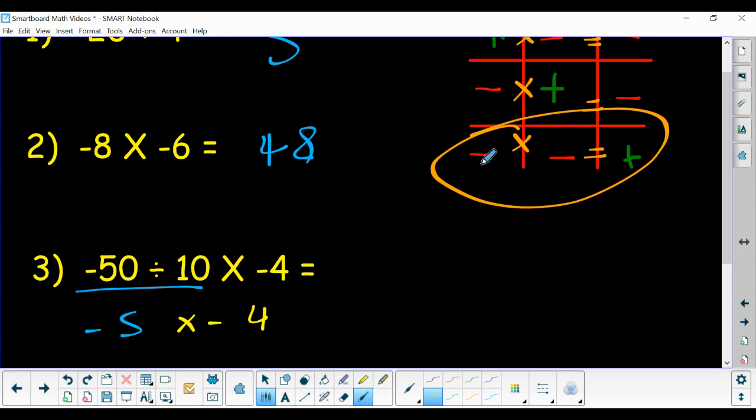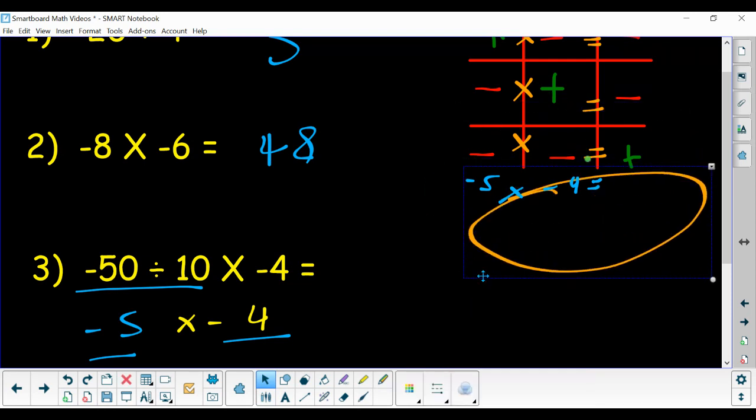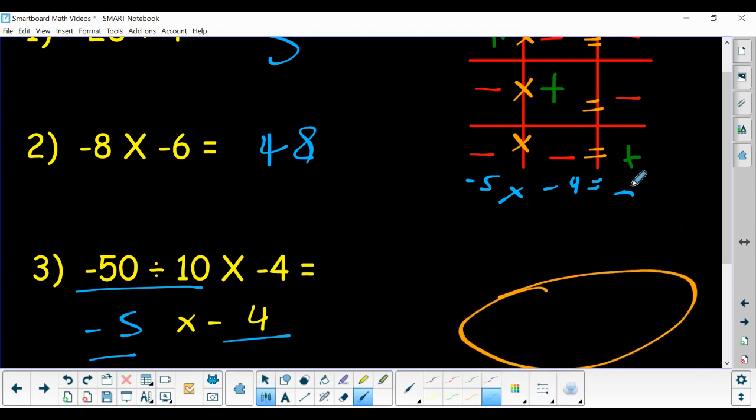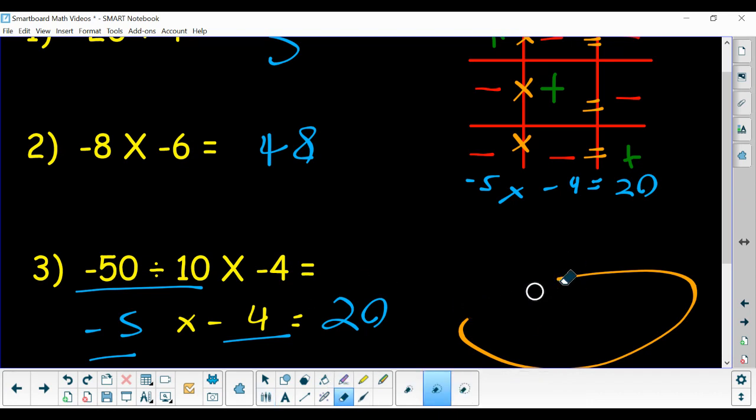So my negative would be, of course, -5 times my -4 would give me, well, guess what it would be? It would be a positive 20. So right here, this gives me positive 20. That's my answer. And I solved it by using the tic-tac-toe table.